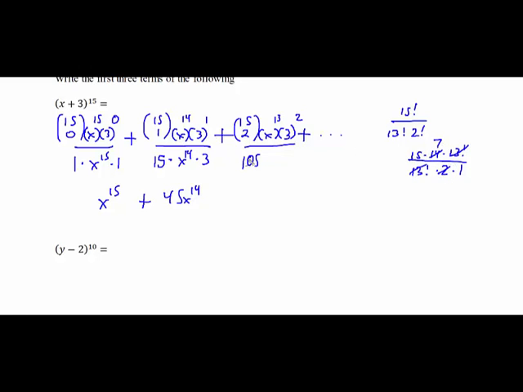So 15 times 7 is that 105, and then it's divided by 1, so there it is. I could do this on the calculator, it's really quick, but this is the way to do it by hand, and this would give me x to the 13th power times 9, because that's 3 to the 2nd power. So my third term here is 945 x to the 13th power.